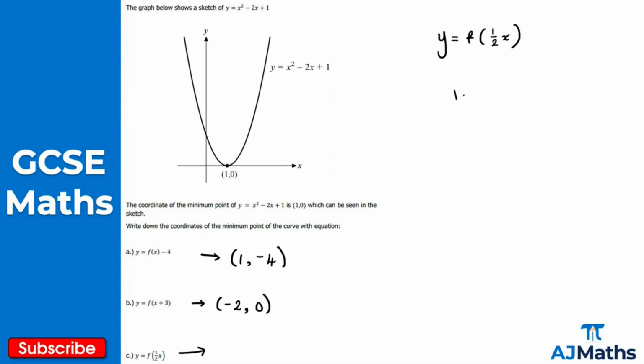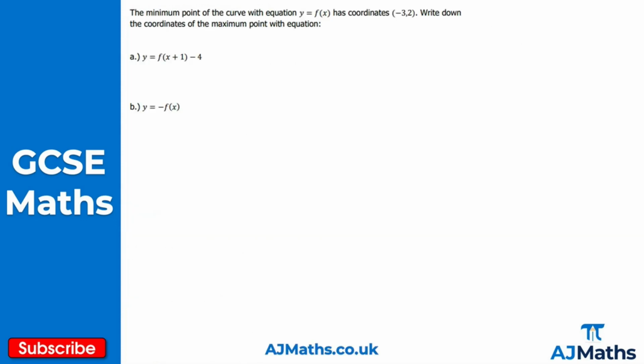So what's 1 divided by a half? Well, dividing by a half is the same as timesing by 2. So this is the same as 1 times 2, which would give me 2 there. So we get 2 there for our x coordinate. Remember, there's nothing affecting the y coordinate, so that stays as it is. Okay, and that's what you should have got for part C.